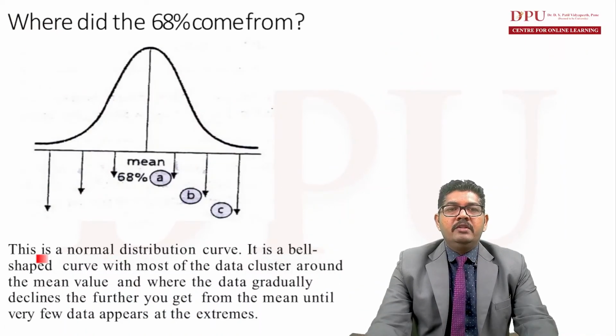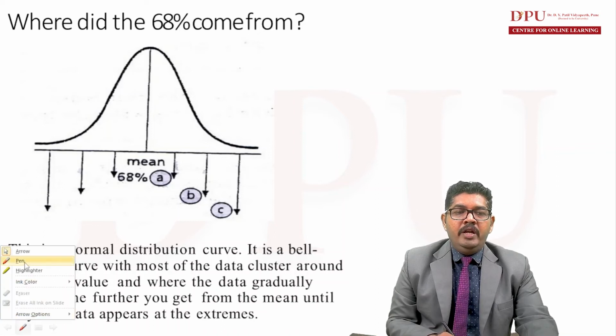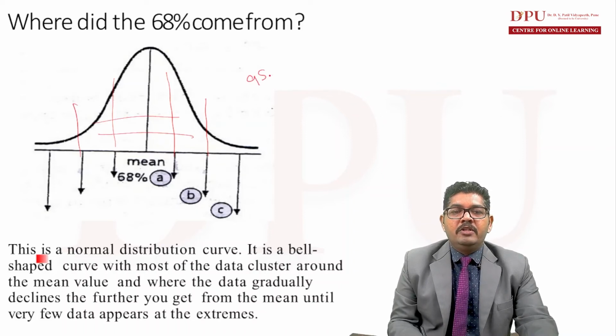So where does the 68% stand? If we have x bar plus minus 1 sigma, it will accommodate 68% of the data. And when we take x bar plus minus 2 sigma, this particular range will accommodate 95% of the data.